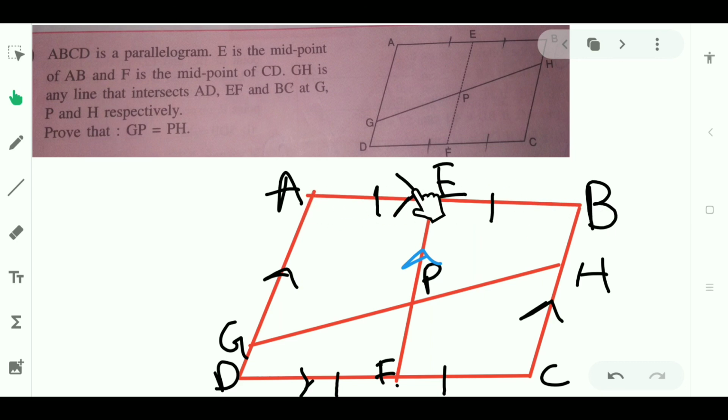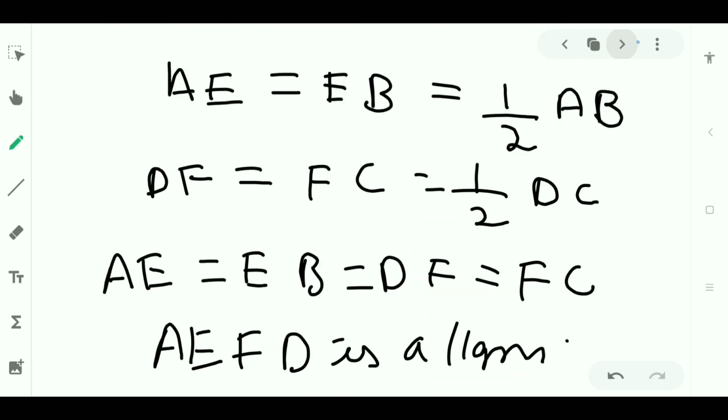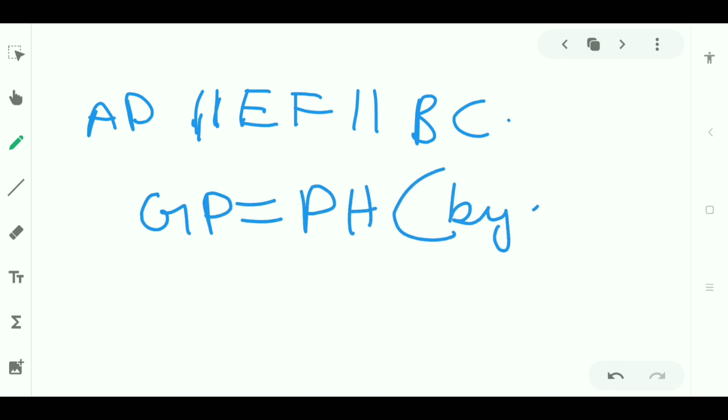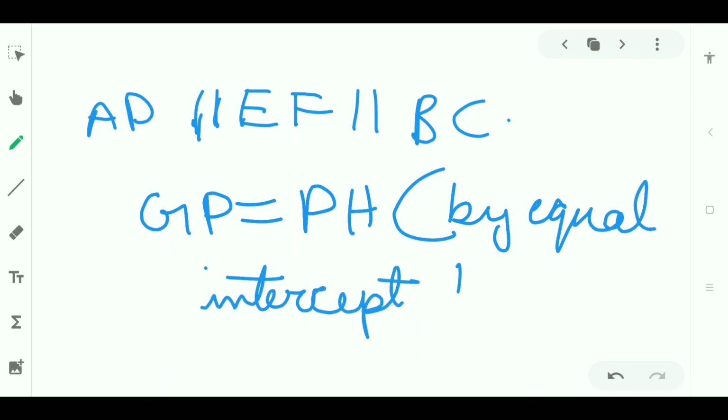So as one line making equal intercepts on three or more parallel lines, another line passing through them also makes equal intercepts. So by that we can prove GP is equal to PH by the equal intercept theorem.